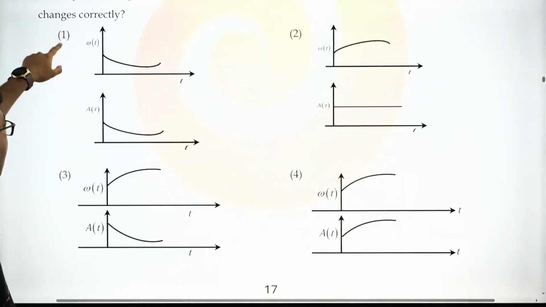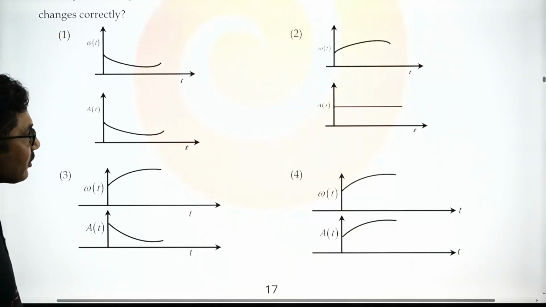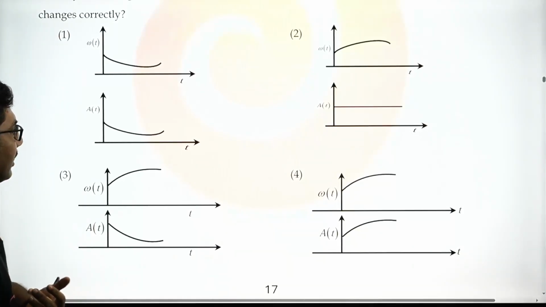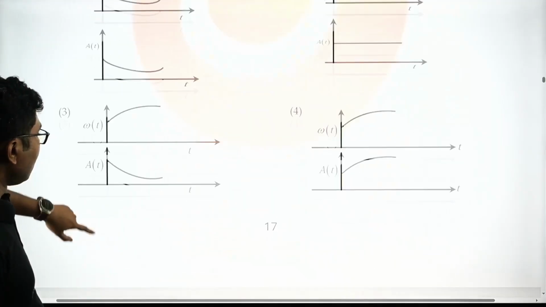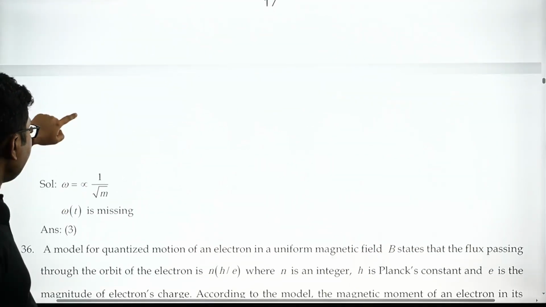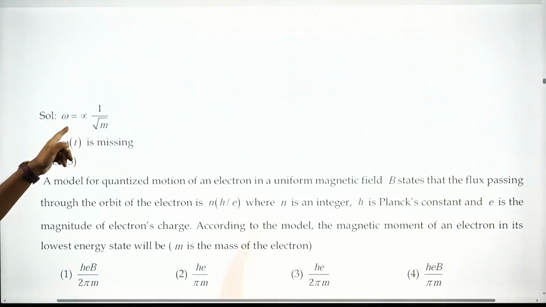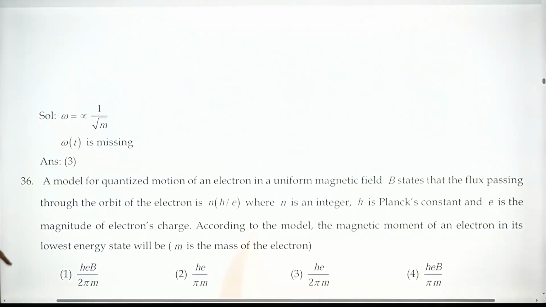As you see, this is a damped oscillation. Now, damped oscillation, I am not sure whether it is part of the syllabus or not, maybe it is there for NEET. So here, as you can see, omega is inversely proportional to the square root of m.